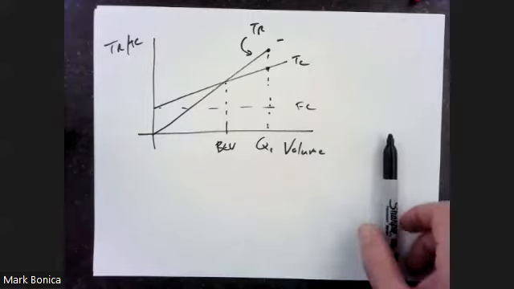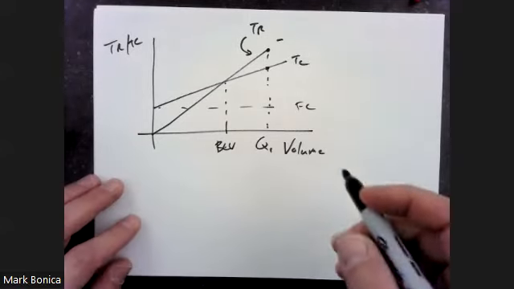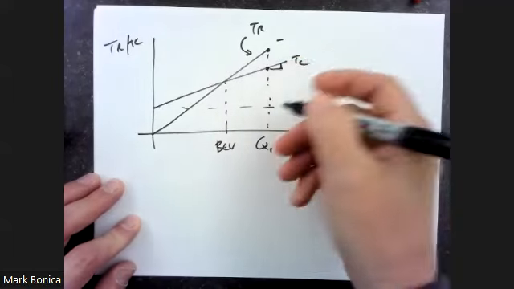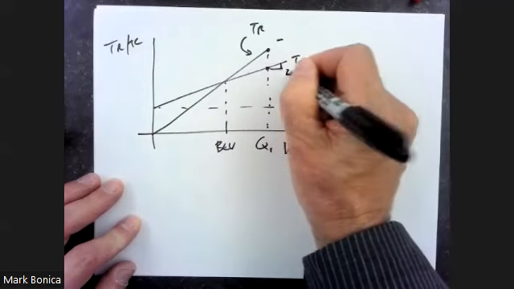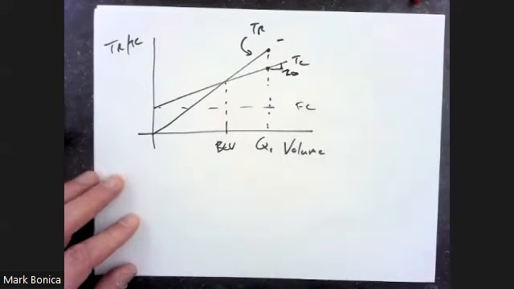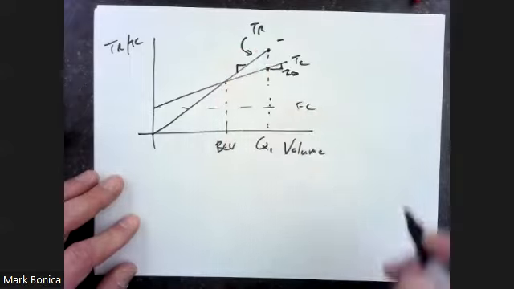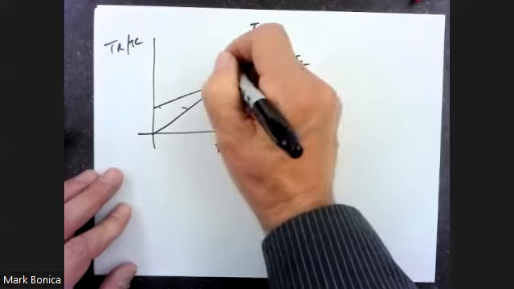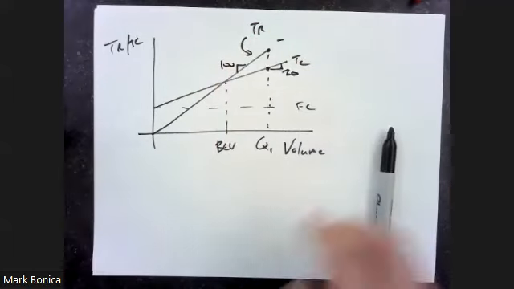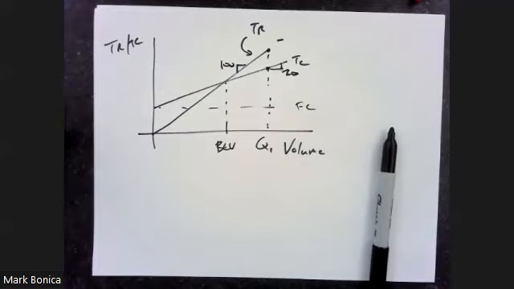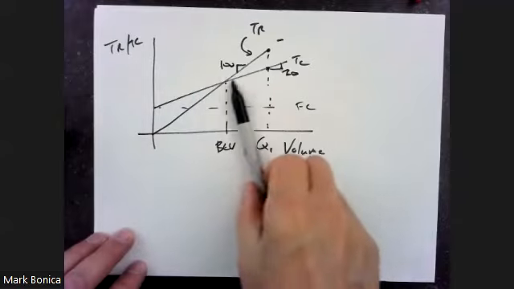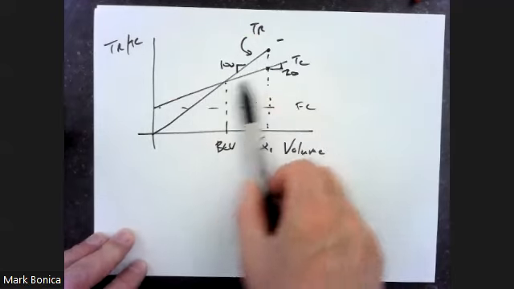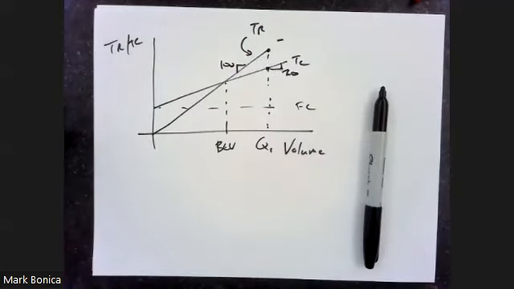So let's say I'm out here at Q1, and let's say that my variable cost per unit is 20. We'll just stick with that number. And all of my insurance up to that point was paying, say, 100, right? So all of my visits up to Q1 earned me $100 per visit, and they cost me $20 per visit. So I had an $80.